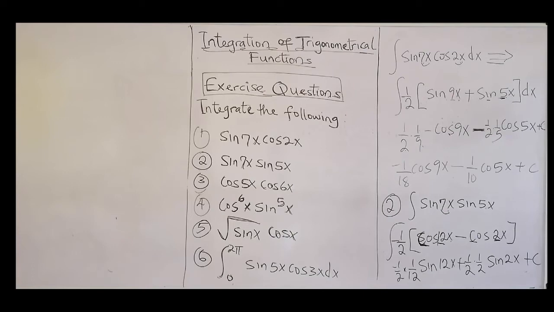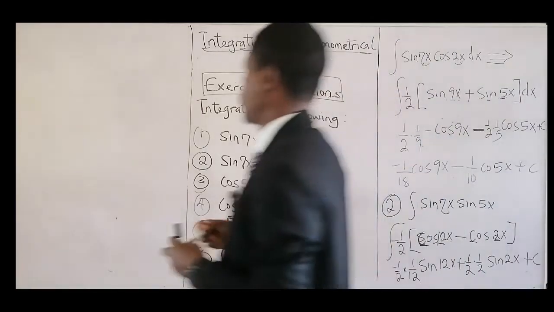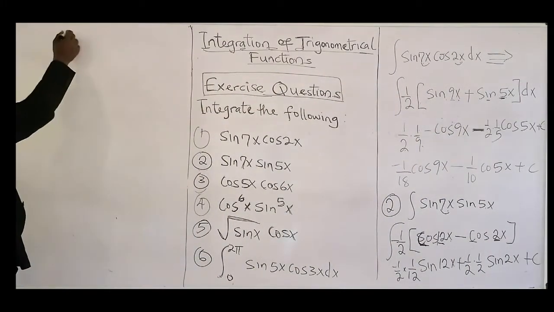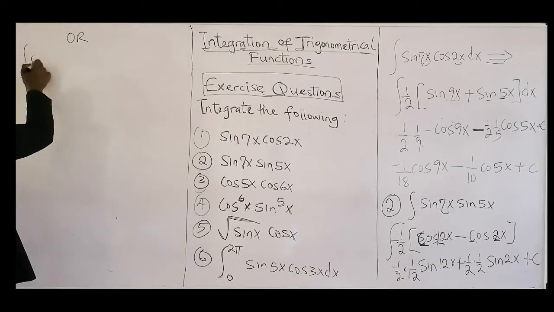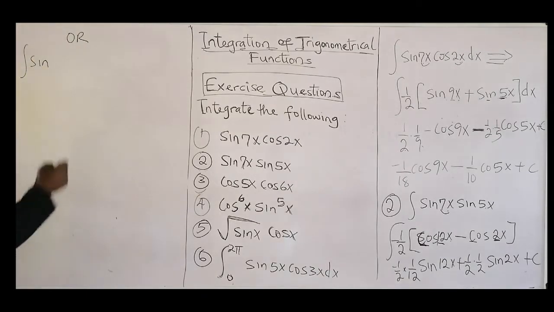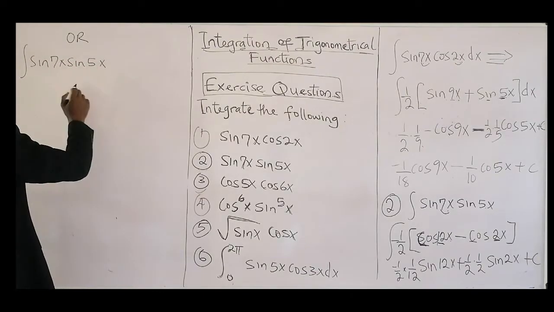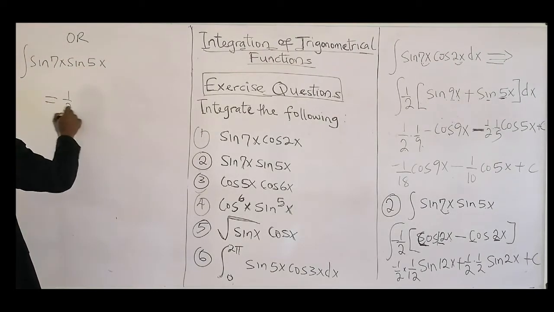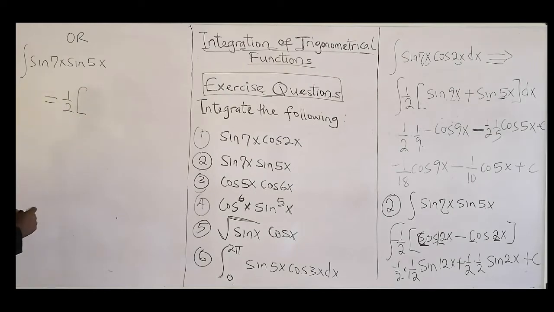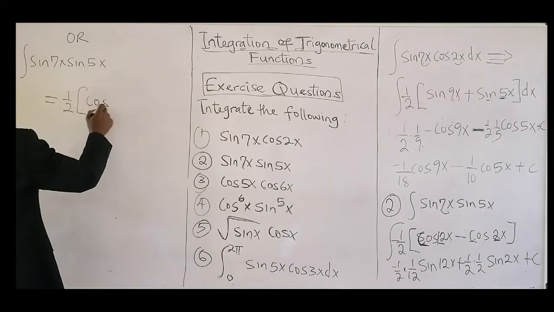Okay. Another way you can do it: when you have a product of sine 7x, sine 5x, it will be half into brackets cos.